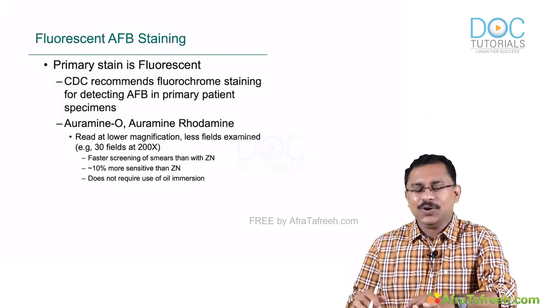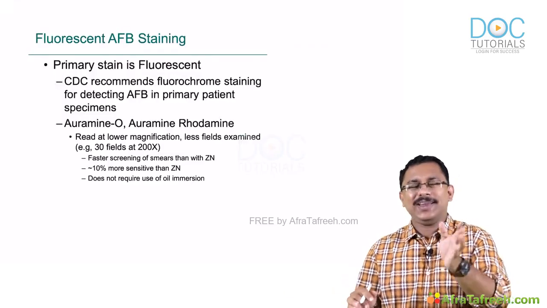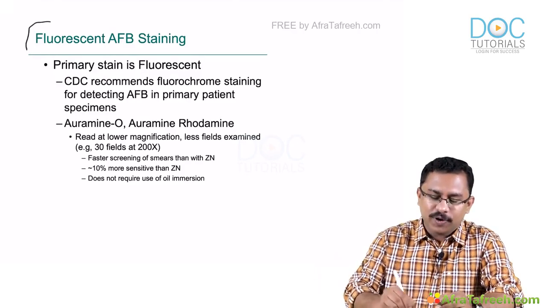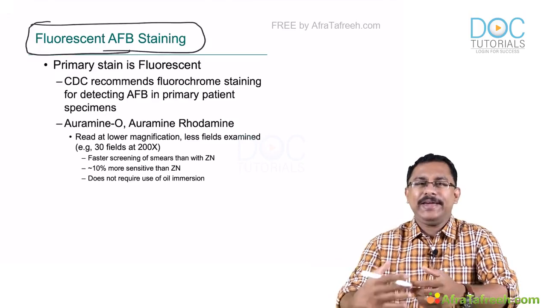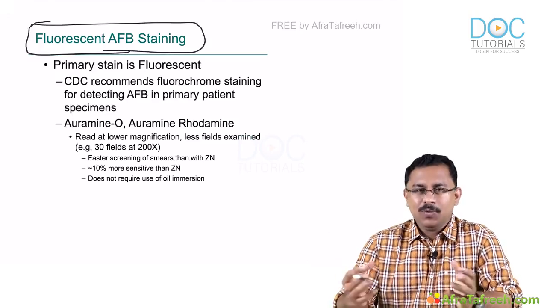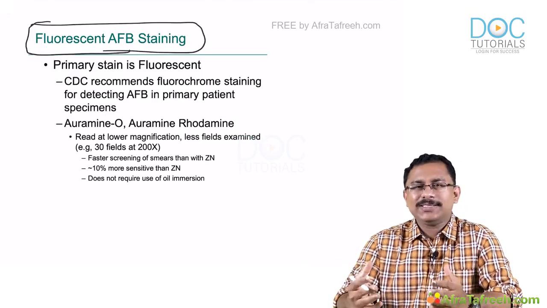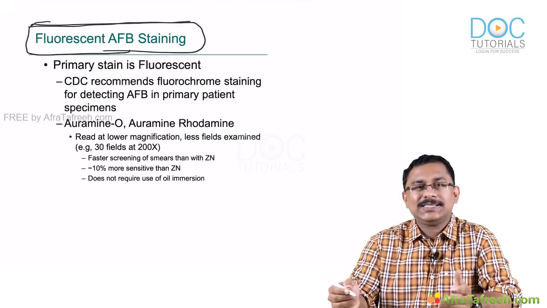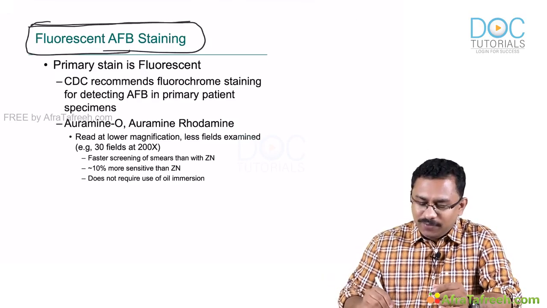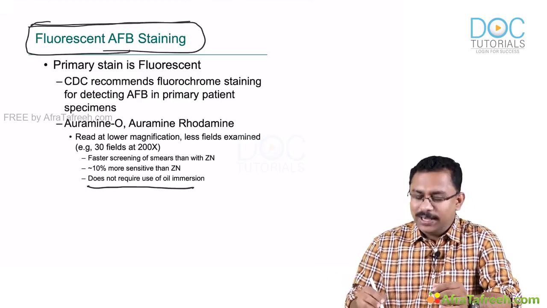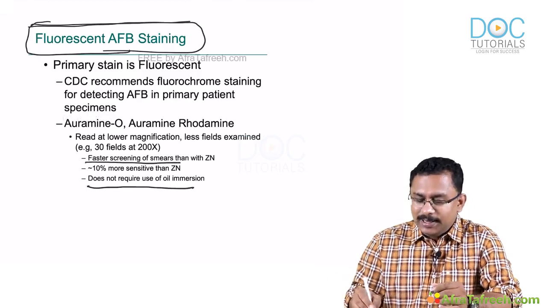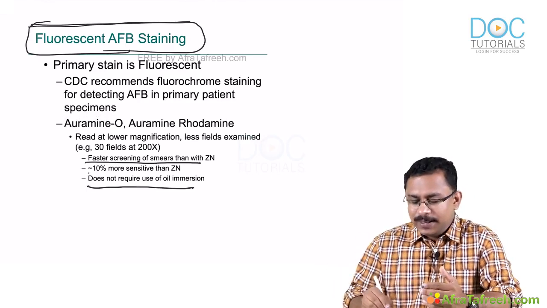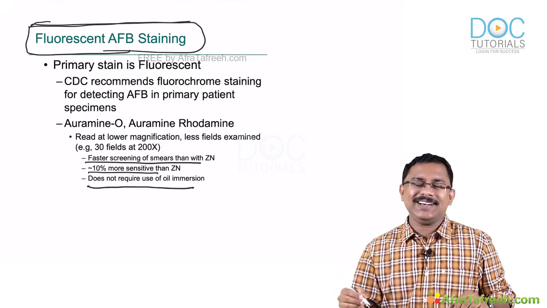Now in addition to your Ziehl-Neelsen oil immersion microscopy, you can also go for the fluorescent AFB staining. However, it is in a resource limited setting, you do not have much facilities, but you can also go for the fluorescent staining where you do not have to use oil immersion microscopy, and the advantage is that rather than the Ziehl-Neelsen method, it allows for a faster screening and is a bit more sensitive as well.